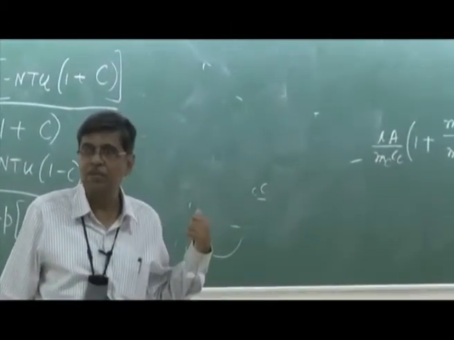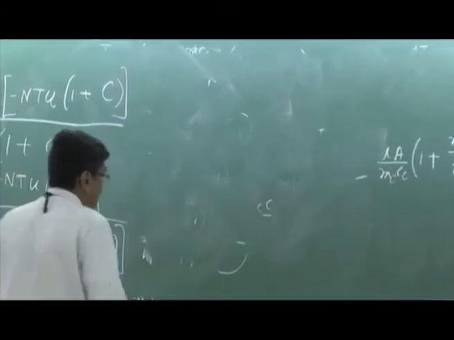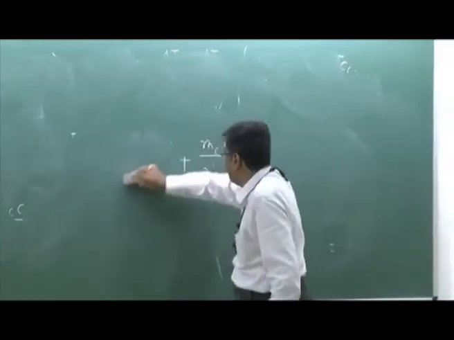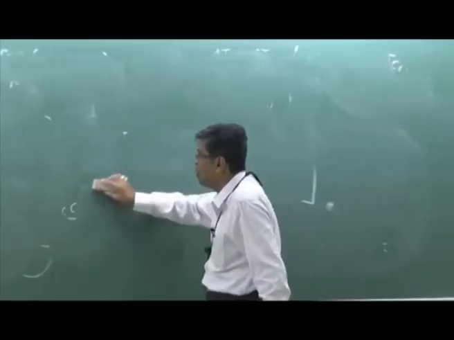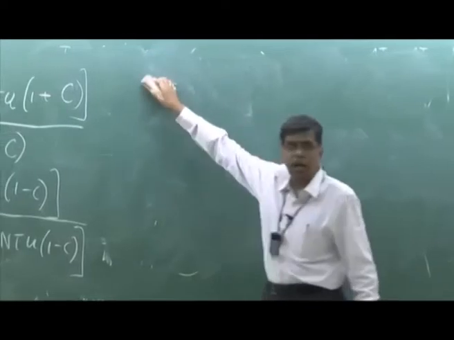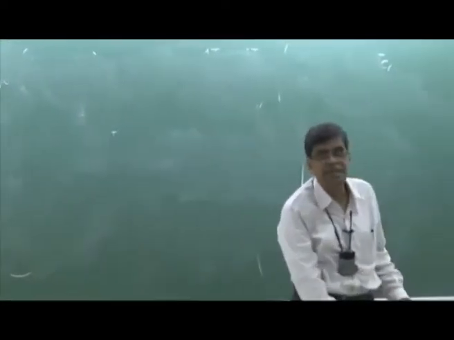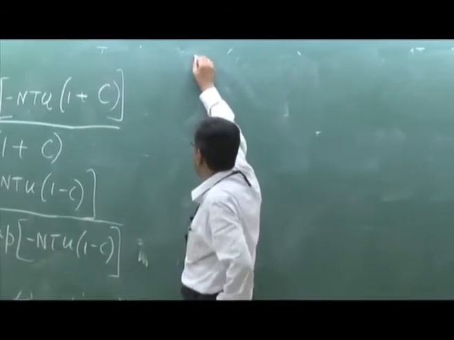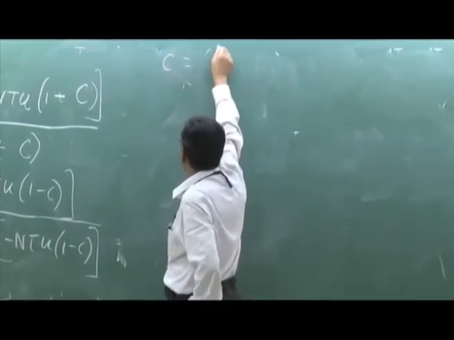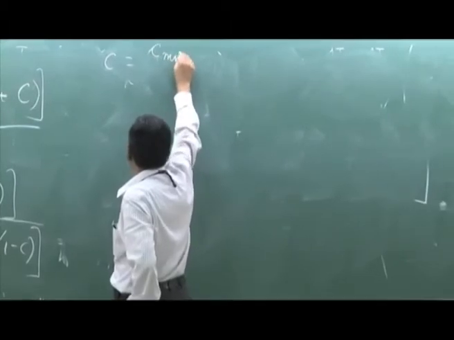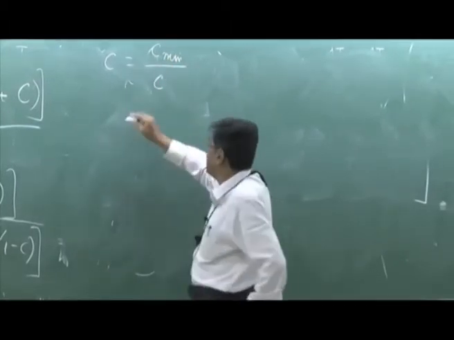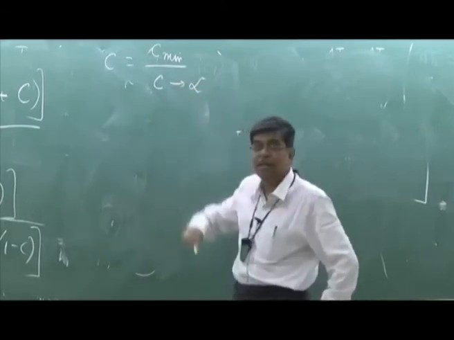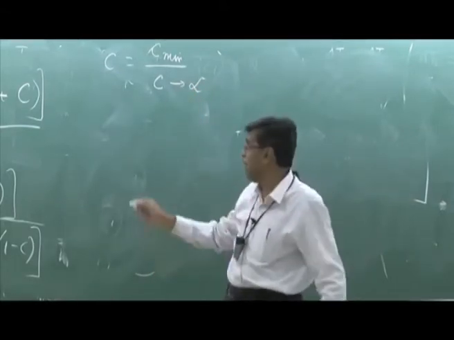But now mathematically you see that for a condensation and boiling problem, the specific heat of one of the fluids tends to infinity. The fluid which is boiling and the fluid which is condensing, C infinity, I showed you earlier in the figure, which means that C is equal to C min by C. That means this higher C tends to infinity, because that will always be higher. No question of calculation.